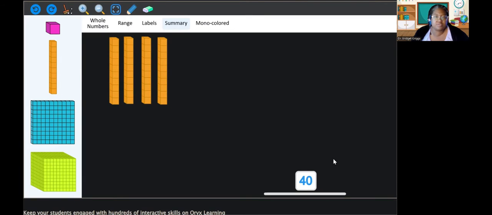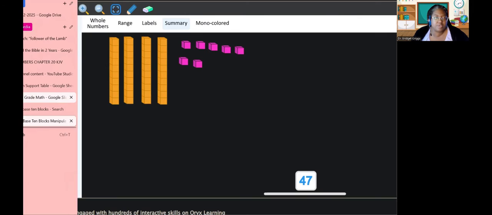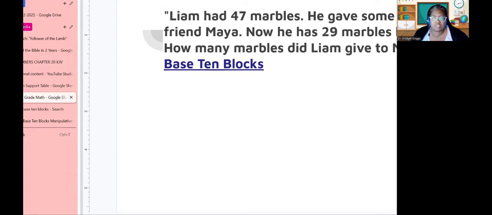And as you can see on this tool, it's also calculating what we're putting down. So we have 41, 42, 43, 44, 45, 46, 47.